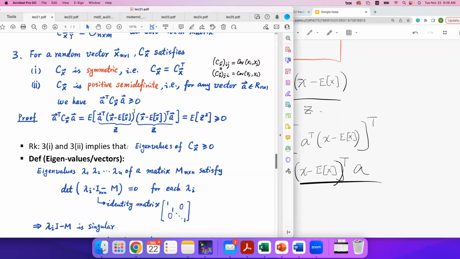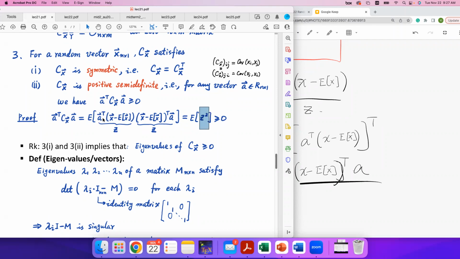So this is actually Z transpose, but in this special case, Z is a scalar, so Z transpose equals Z. So these two can be multiplied together directly. So we are looking at the expectation of Z to the power of 2, where Z is defined as such a random variable. And of course, because of the square, this is guaranteed to be non-negative.